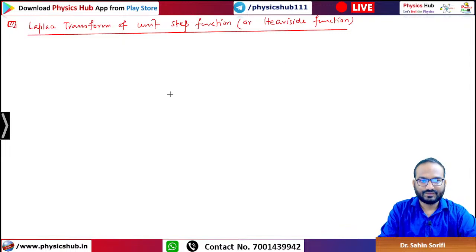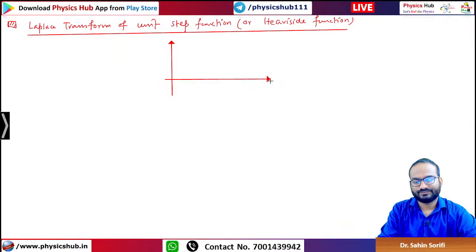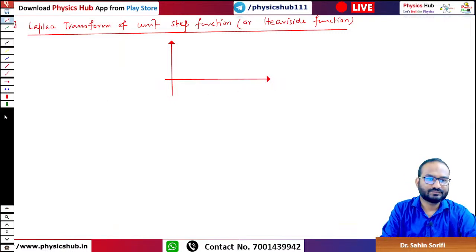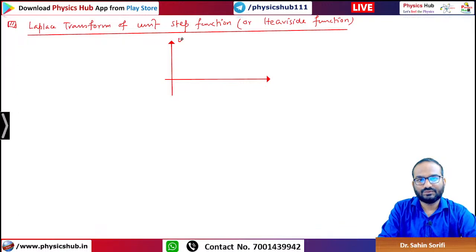So let's say you have a function which is defined in this way. This is u(t minus a) versus t.